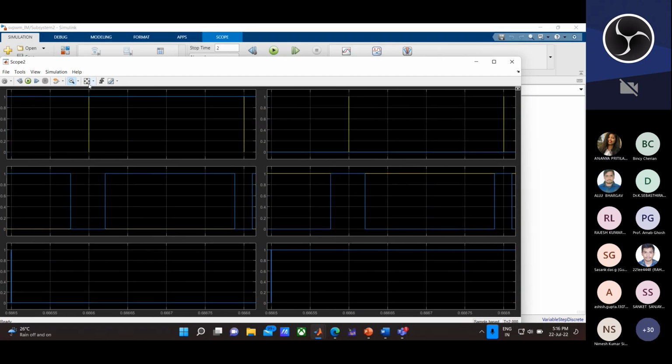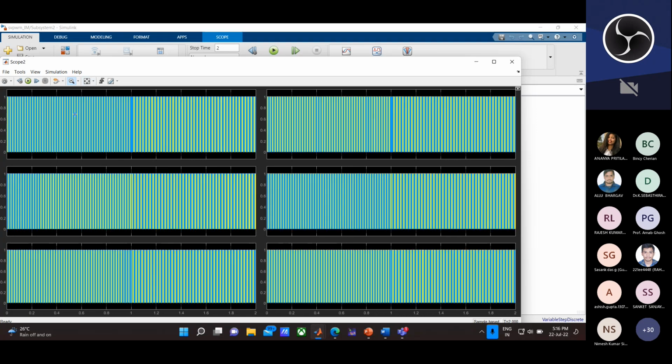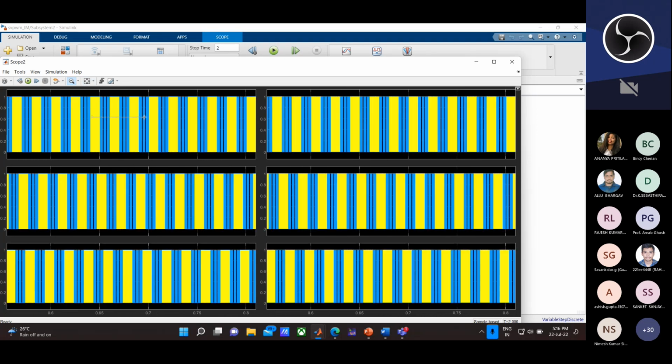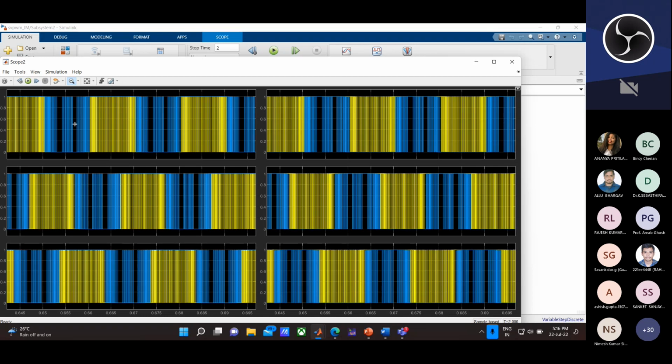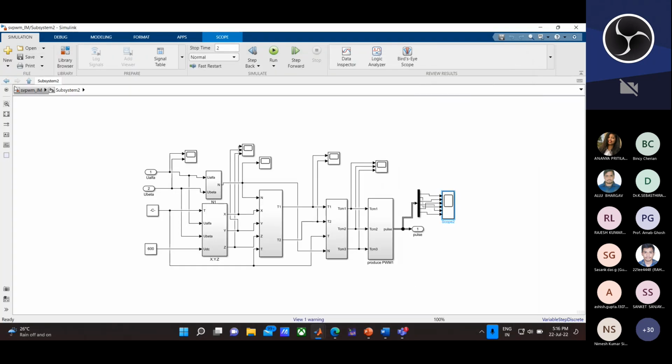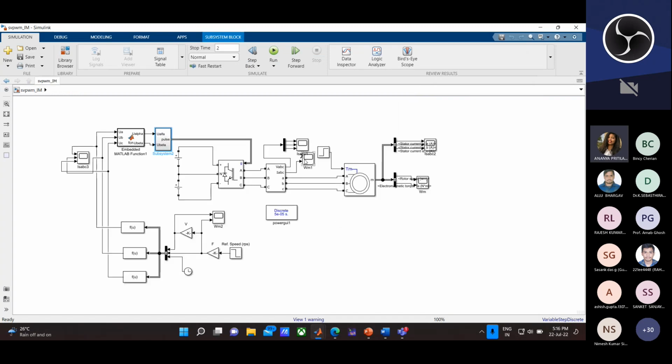Like this. Now after generation of the pulses, again I have fed it into the 3-level bridge inverter with two 2-level voltage sources.